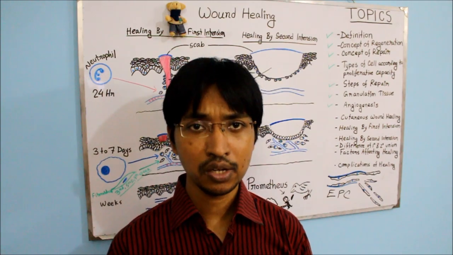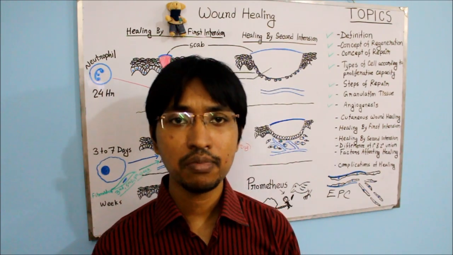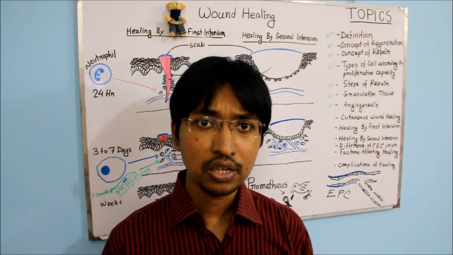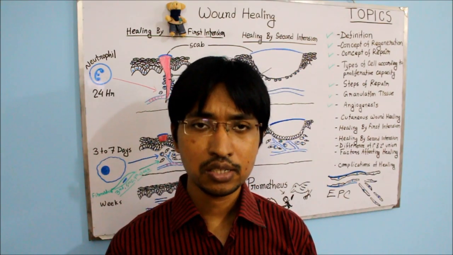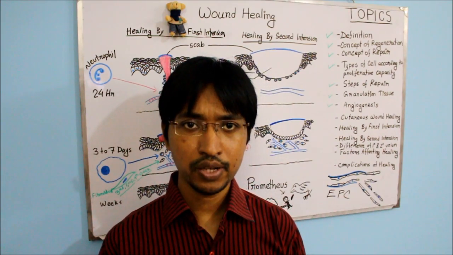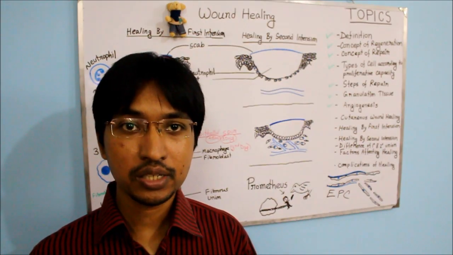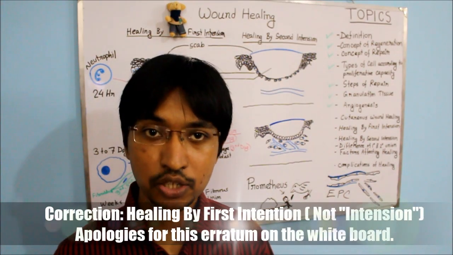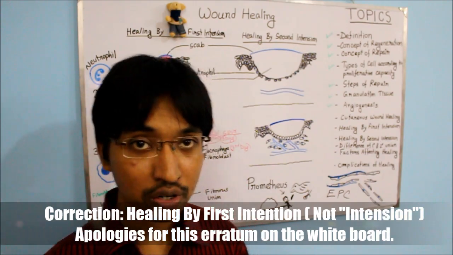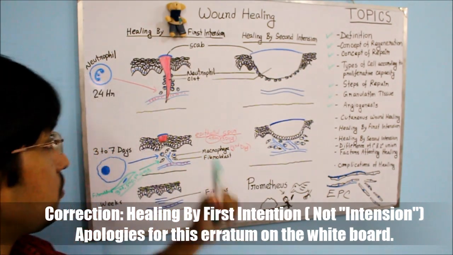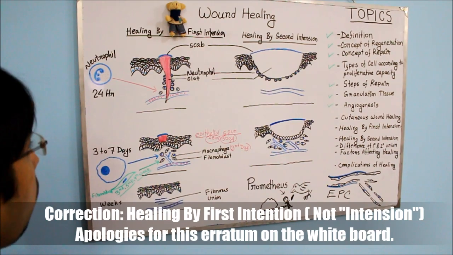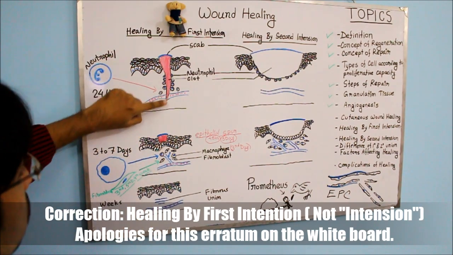So now that we have defined what we mean by healing by first intention, we will discuss its different steps and events. To explain the different events of healing by first intention, you can see that I have drawn a series of images on the left side of the board. On the first image, this is the wound.